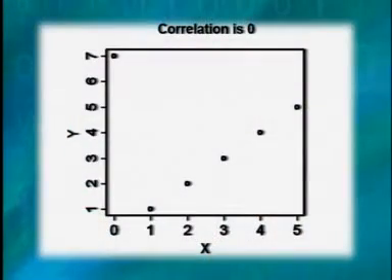This is an example that has exactly 6 data points. 5 of them line up completely perfectly: 1,1, 2,2, 3,3, 4,4, and 5,5. These are exactly on a straight line, perfectly correlated. But then there's just one more data point. Here it is. Now, the correlation of these data turns out to be exactly 0.